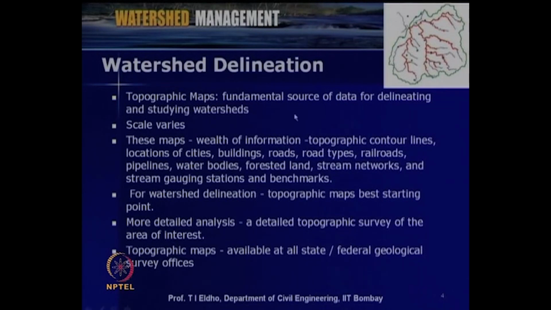The wealth of information includes topographic contour lines, location of cities, buildings, roads, road types, railroads, pipelines, water bodies, forested lands, stream networks, stream gauging stations and a number of benchmarks as far as the watershed is concerned. All these details we can directly get from the topographic maps, or so called topo sheets.